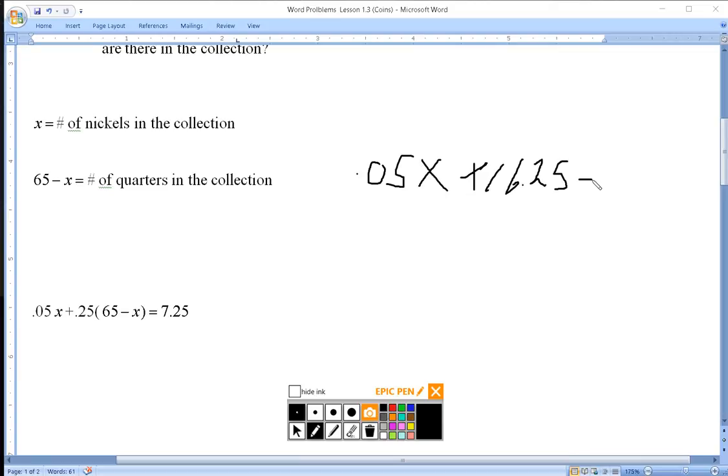Minus, and then 0.25 times the x, so this will be minus 0.25x, and of course that's equal to the 7.25.